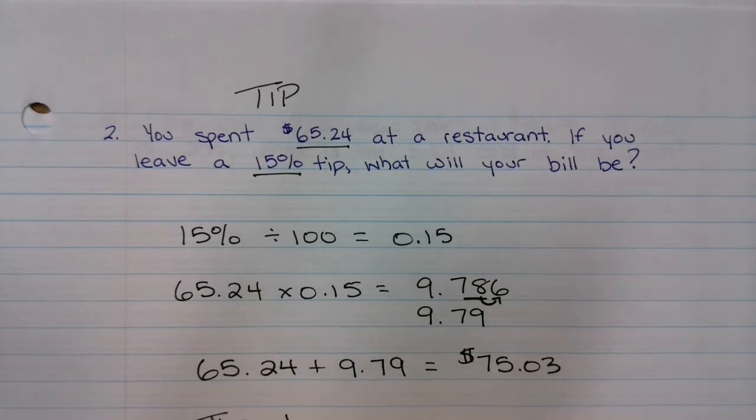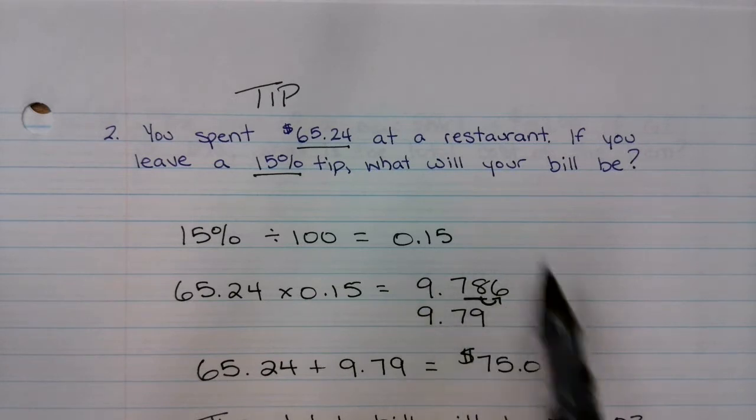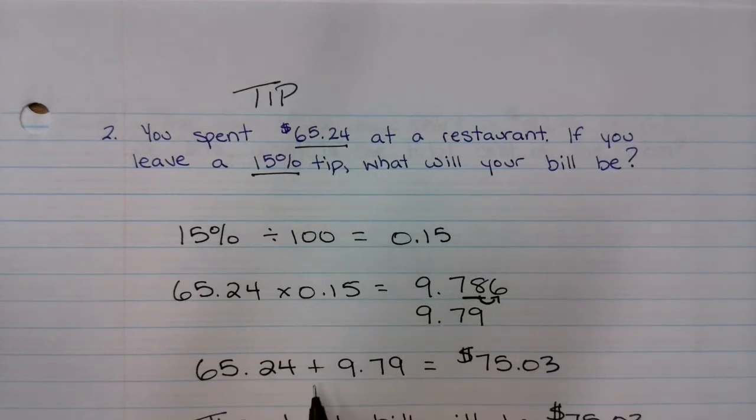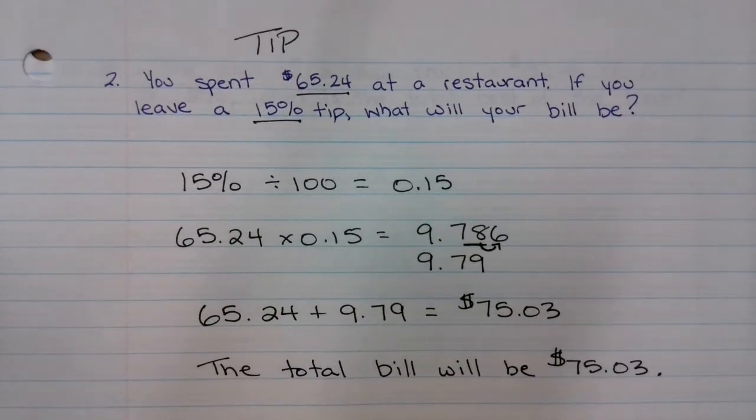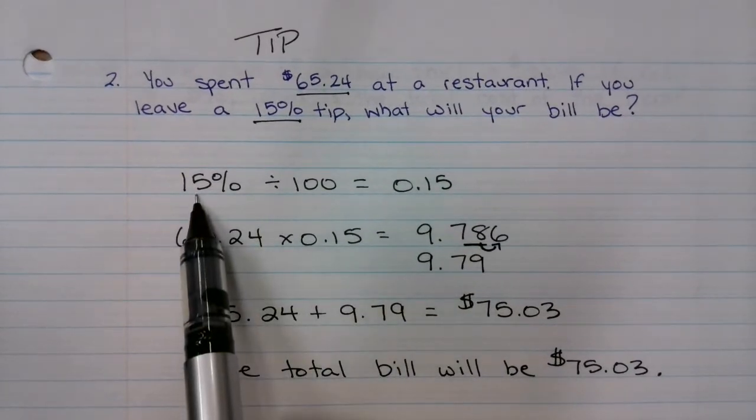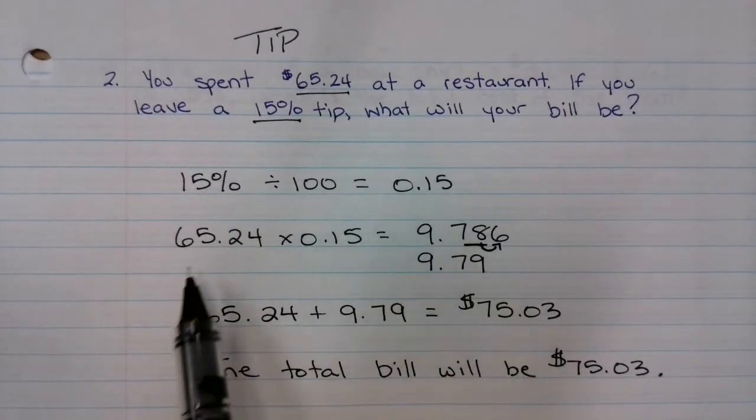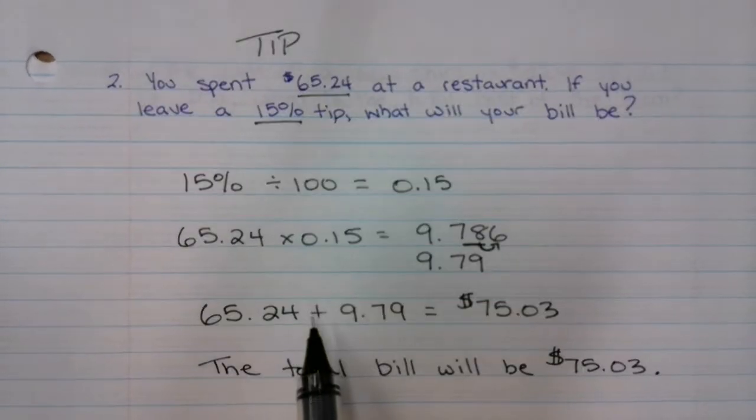So the total bill will be $75.03. Notice with discount, we subtracted this amount. But for tip, we are going to be adding that amount. Same steps. Percent turned to a decimal, multiply by the total, but this time we're adding.